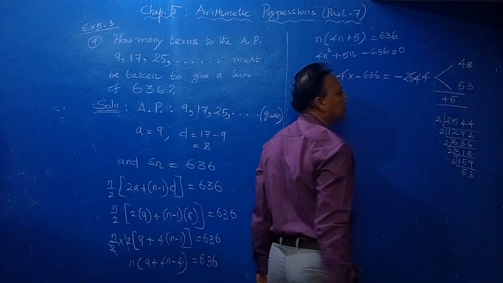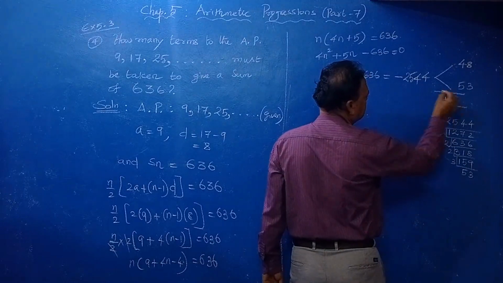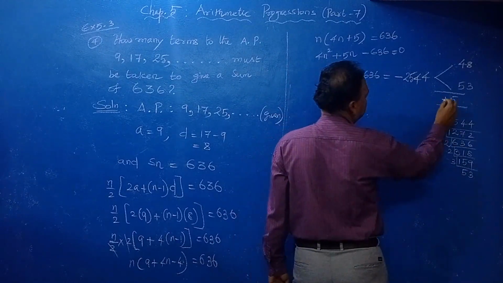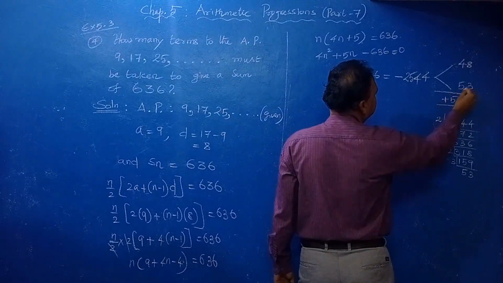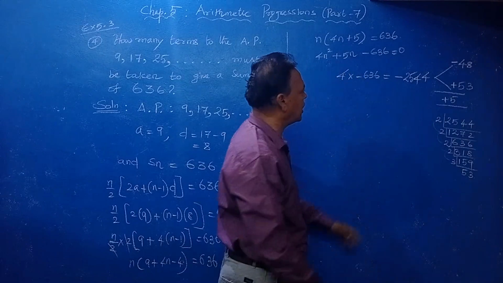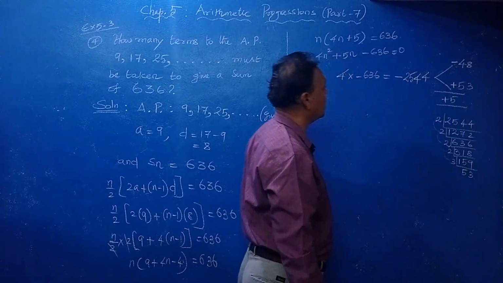We get the two factors correctly. The middle term sign is plus 5, so the big number gets plus and the small number minus, so that adding and the product both work.